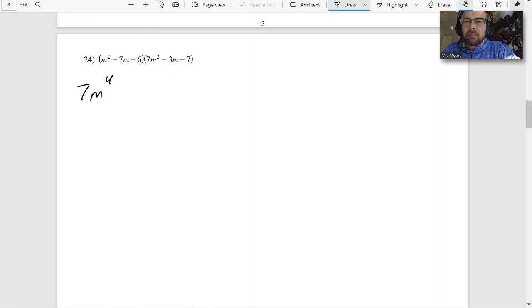That part's fairly easy. Now, for the cubes, there's going to be 2 of them. Minus 3m cubed. And then minus 7m times 7m squared, that's minus 49. So minus 3 minus 49 is minus 52 m cubed.